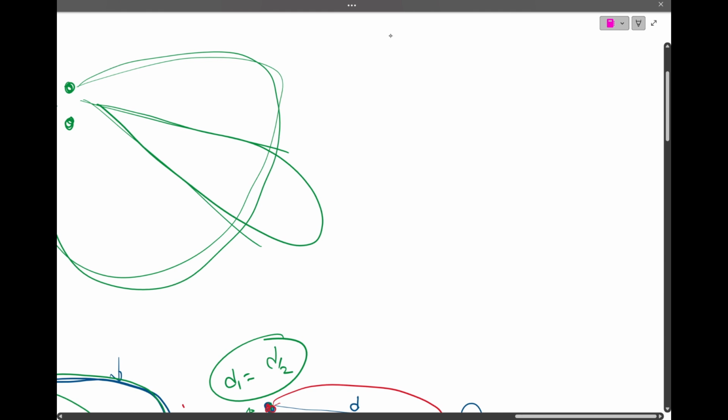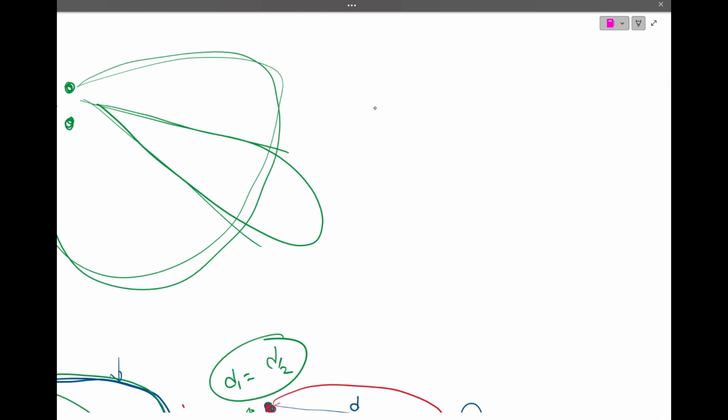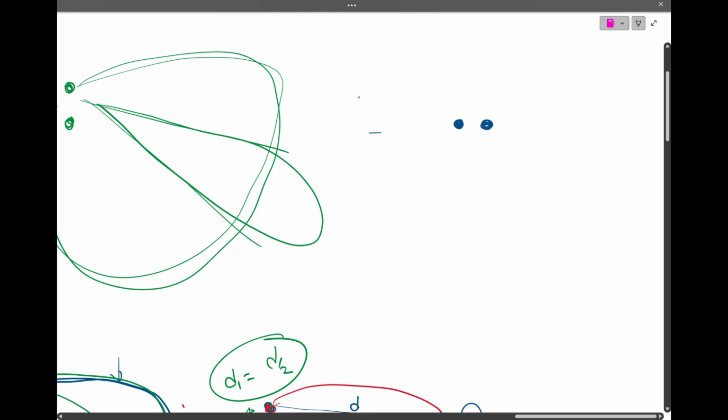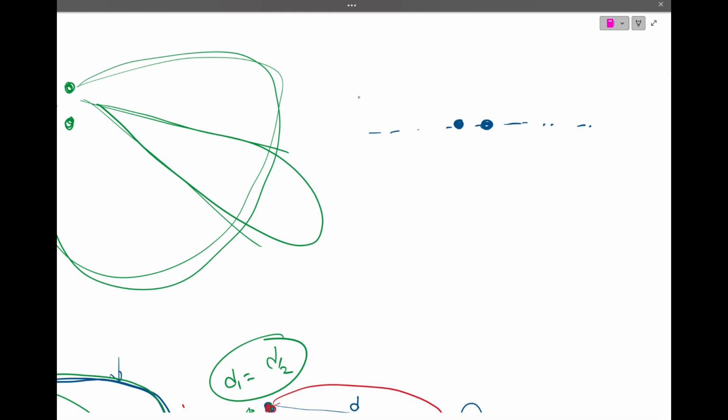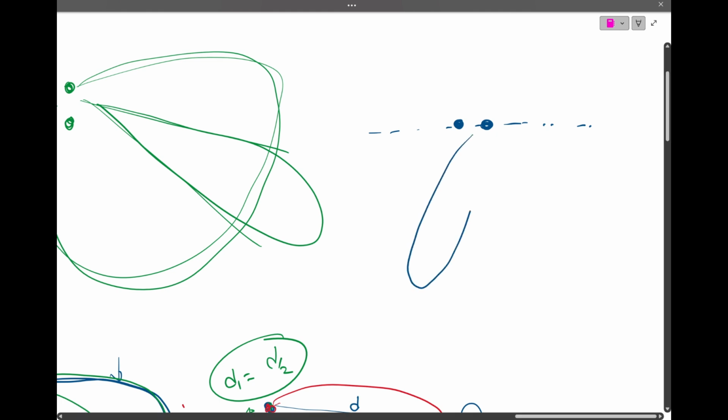Now what happens if you put two antenna elements on a horizontal plane? Then the beam will be narrower on the horizontal side.